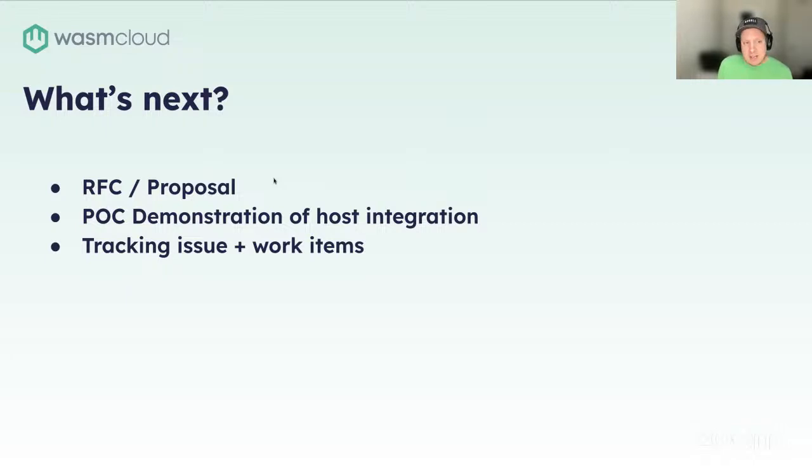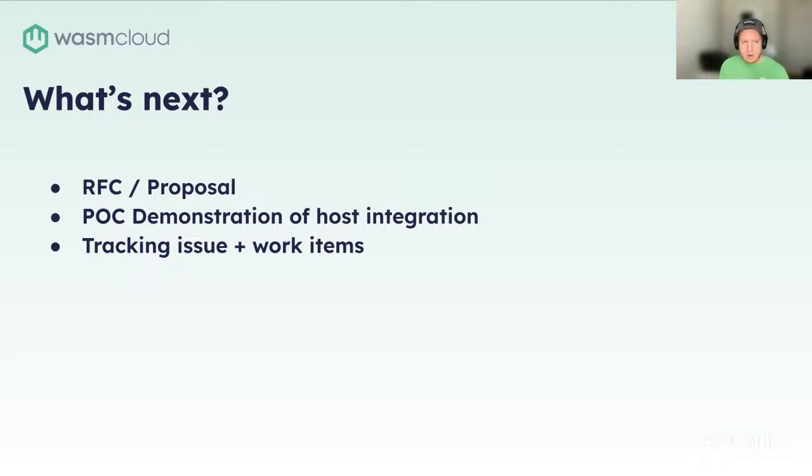In terms of what's next, initially I'm working on getting a proposal for this together, presenting it in the community issue tracker, the wasmCloud tracker, sorry. And then following that up with a POC demonstration of how the initial host integration might look. I'm already working on a proof of concept that shows how we establish NATS connectivity using workload identity.